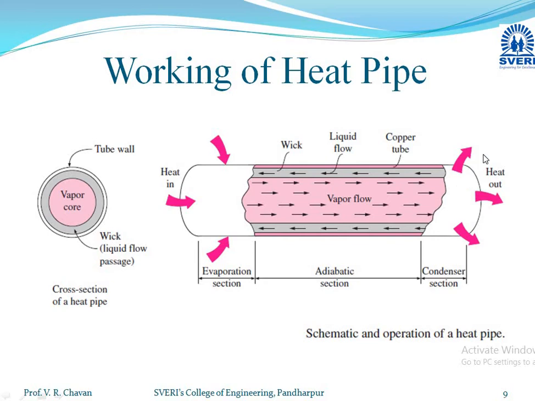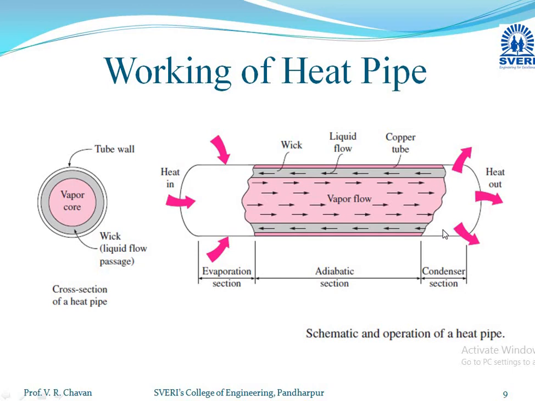So heat will be removed at the condenser section and transferred to the sink. Once again, as the vapor transfers its latent heat of condensation, it will condense, and the condensed liquid will be captured by the wick structure.